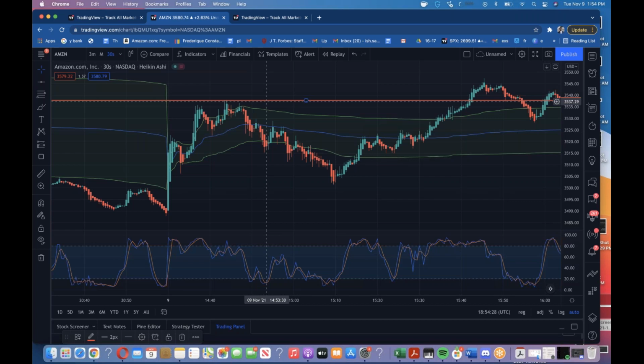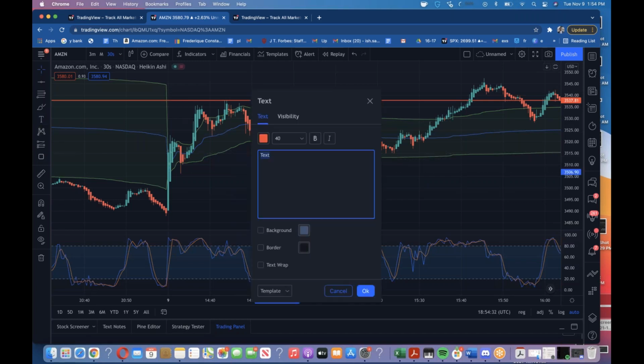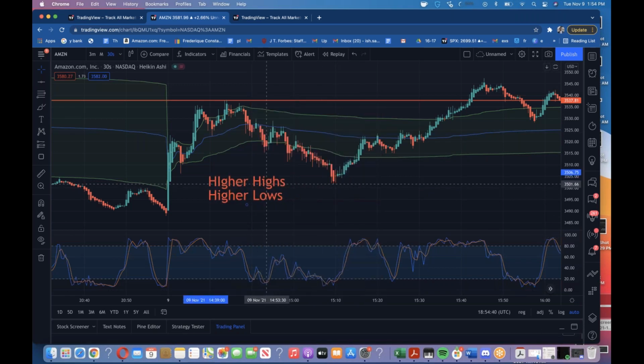there's a big important concept within the strategy, which is higher highs and higher lows. I'm sure you guys have heard this before. Higher highs and higher lows, and on the flip side, lower highs and lower lows, right? When something is seeing bullish price action, we're seeing higher highs and higher lows.